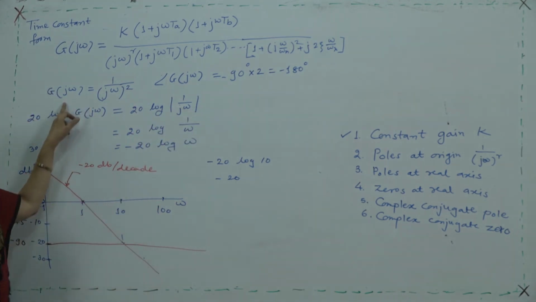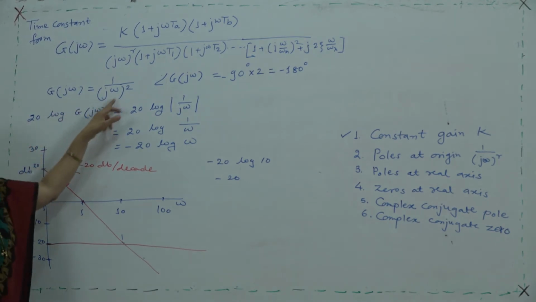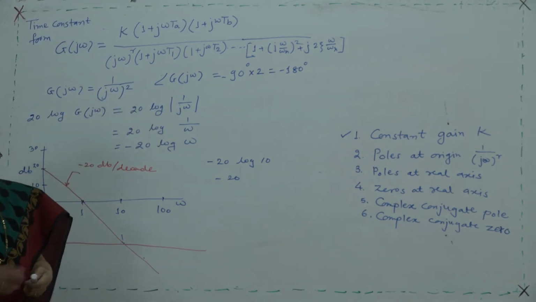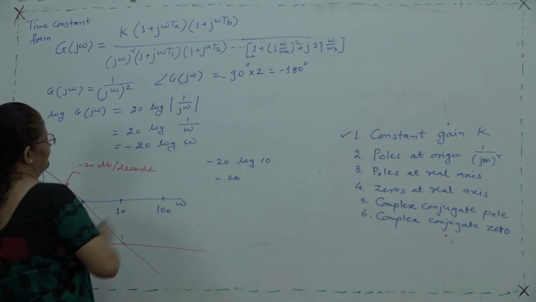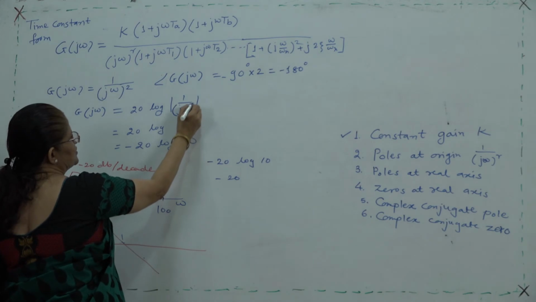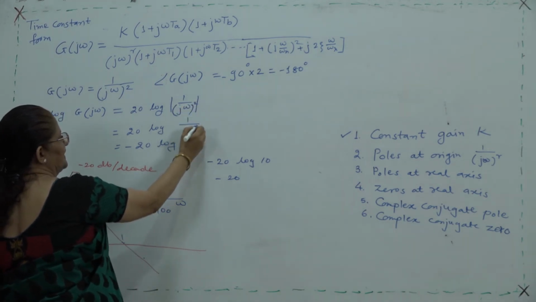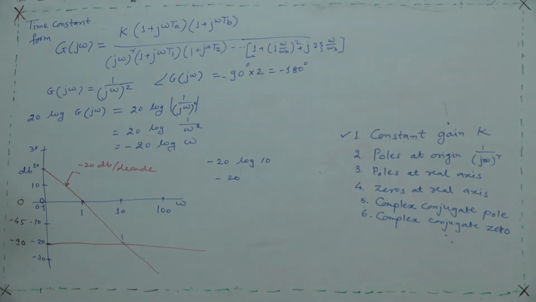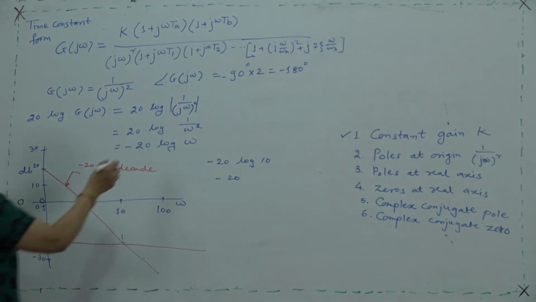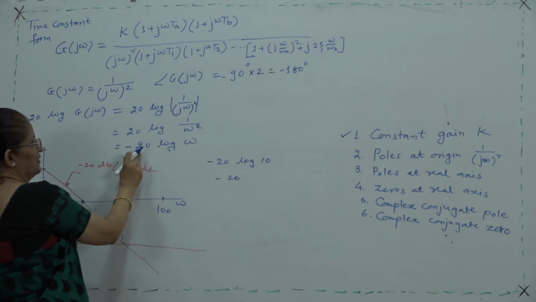Now, we will see the magnitude plot for j omega raised to 2. So, the magnitude of j omega raised to 2, what will you get here? Omega square. Okay. Then if it is omega square, what you will get here?